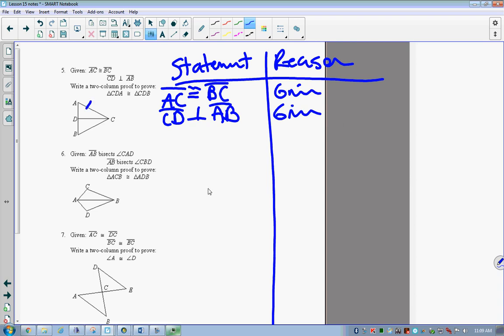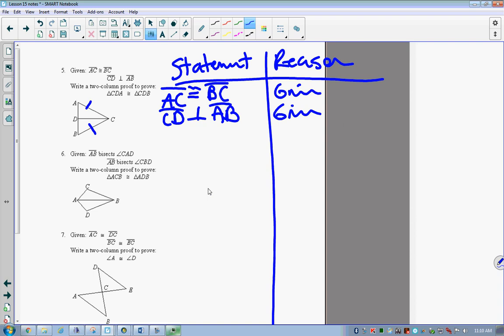We know AC is congruent to BC. We know that they're perpendicular lines, but this is the difficult thing about proofs: we sometimes will skip a step because we know it, but we do have to state it. We get to the point where we infer.